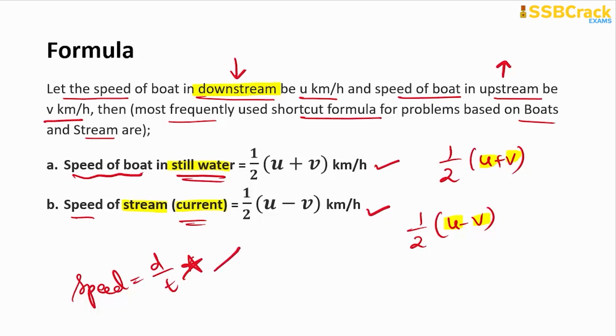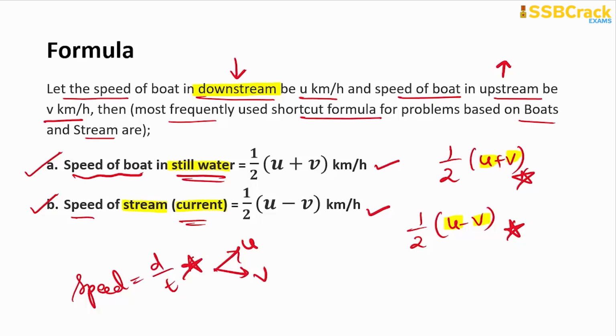Use this formula to get the required speeds u and v, which are respectively the speeds of downstream and upstream for a boat. And then you go ahead with this particular formula to calculate either the speed of boat in still water with the first formula A, or the speed of stream or speed of current with the formula B.